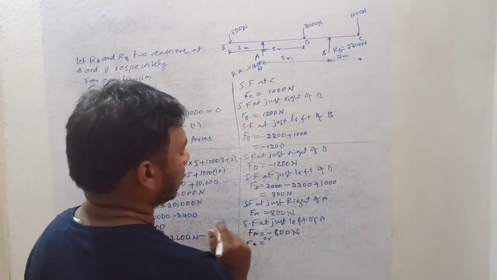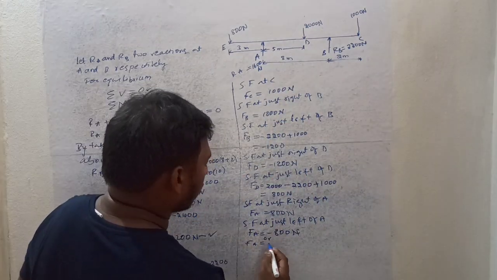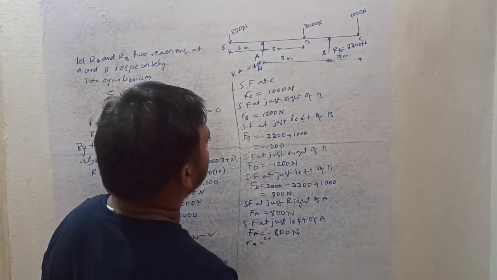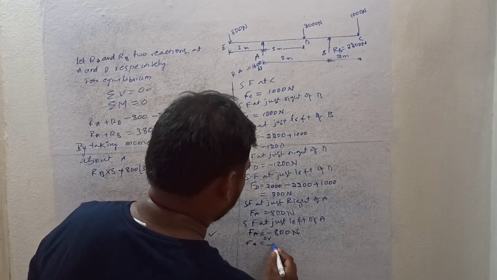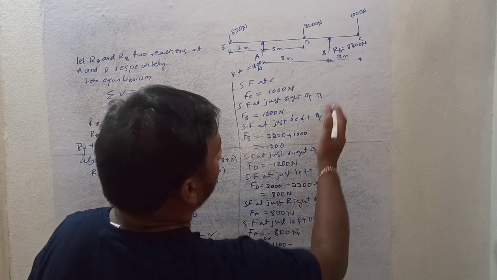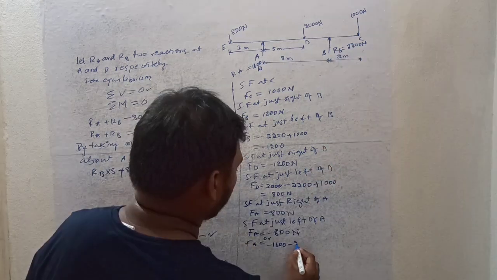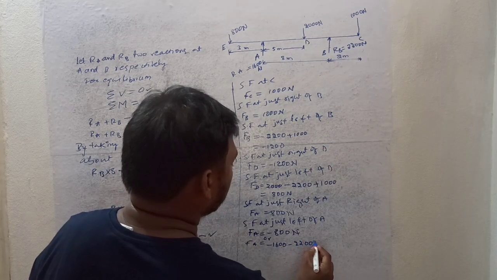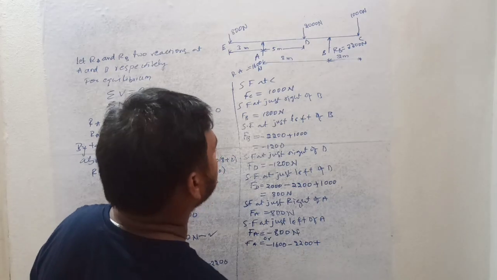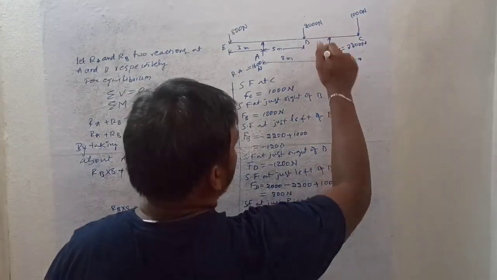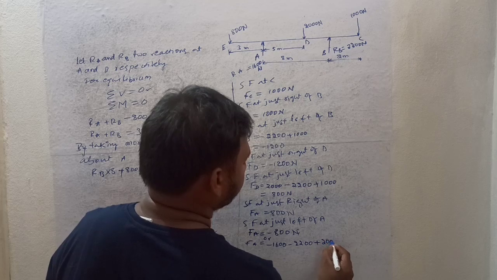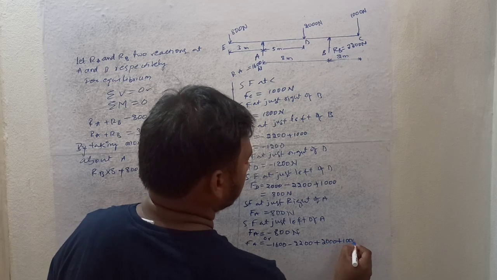Let me check whether you are getting it or not. If I take the right of this cross section, how much upward force is acting? 1600, we have to take it as minus 1600, and here RB equal to 2200 is also acting upward, so we take it as negative. And the next two forces are acting downward, so we take them as plus: 2000 plus 1000.